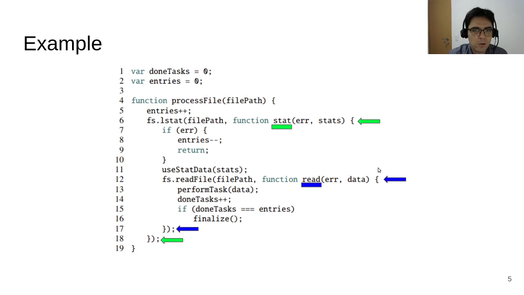For each asynchronous operation, a callback is registered, stat in green and read in blue. The function also uses the variables doneTasks and entries in lines 1 and 2 to decide in lines 15 and 16 if the function finalize can be invoked.